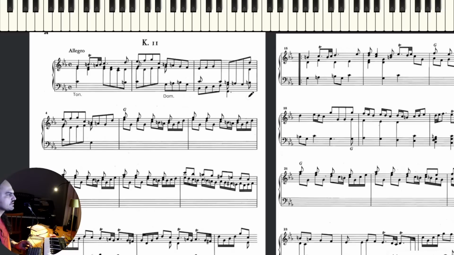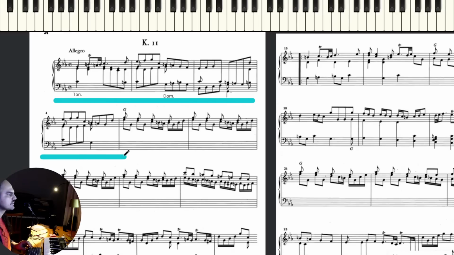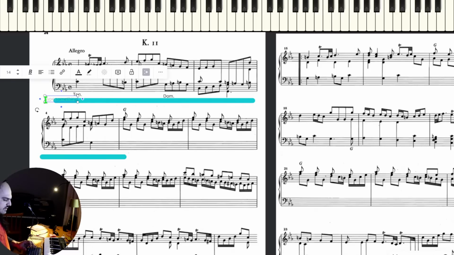The first part is full tonic, and the most important observation is that it comes from tonic to dominant.